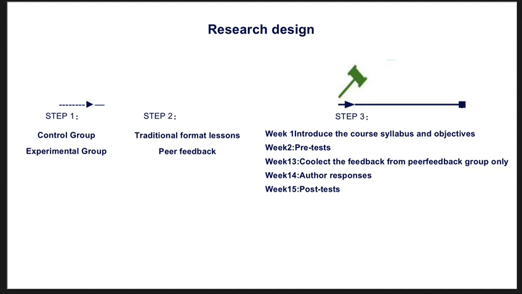In this article, eight intact classes were recruited and randomly assigned to the control and experimental groups, with four classes in each group. The control group participated in a traditional instructional format which relied exclusively on teacher feedback, and the experimental group, in contrast, was trained to generate and use peer feedback.